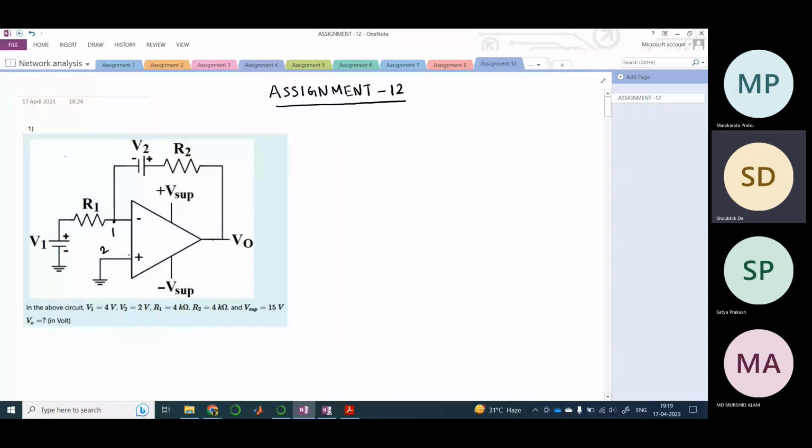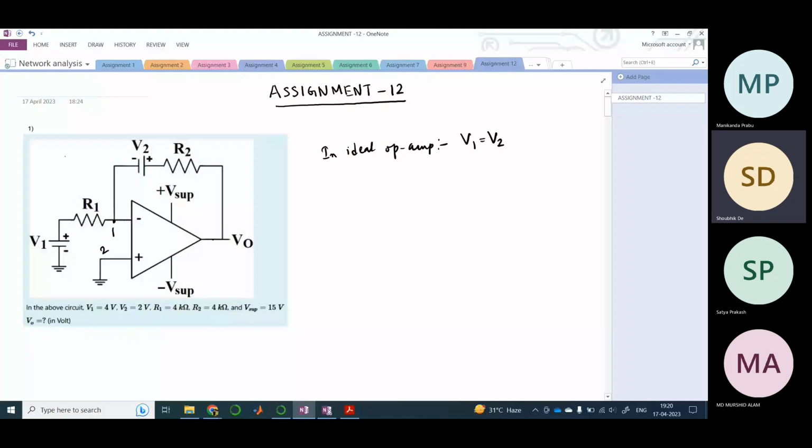There is no node here, but still we are writing it like this. So in an ideal op amp, the voltage V1 will be equal to V2. This you have to assume unless stated otherwise.